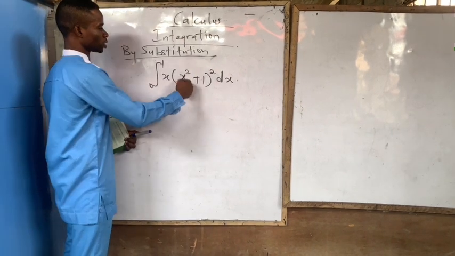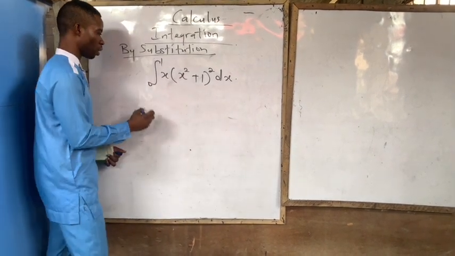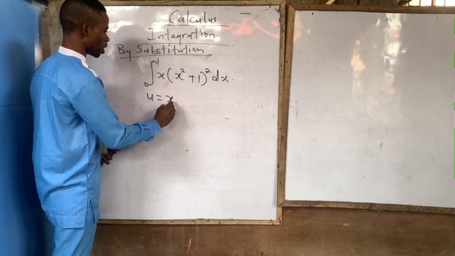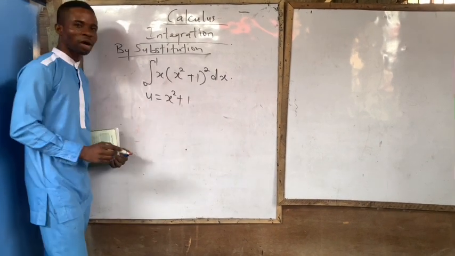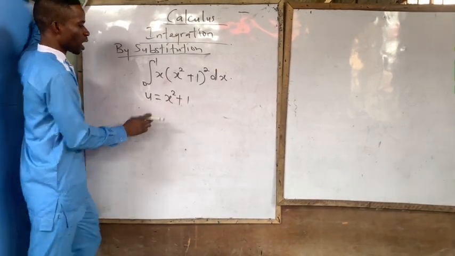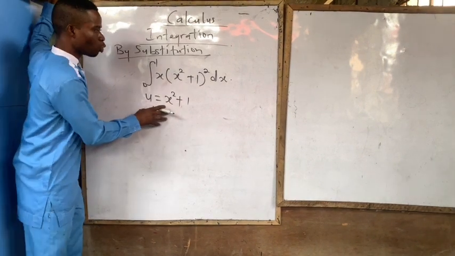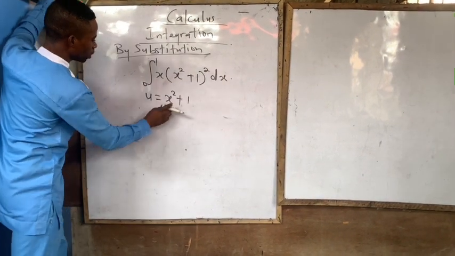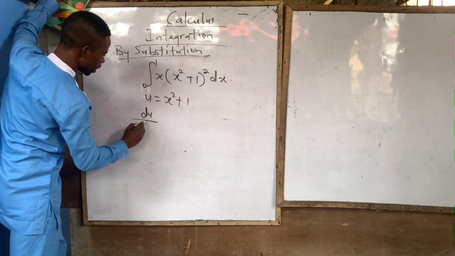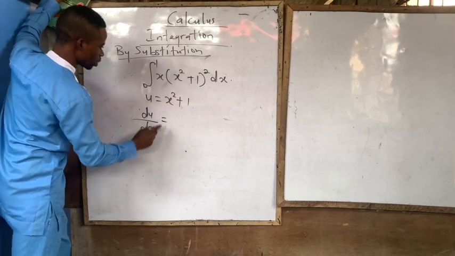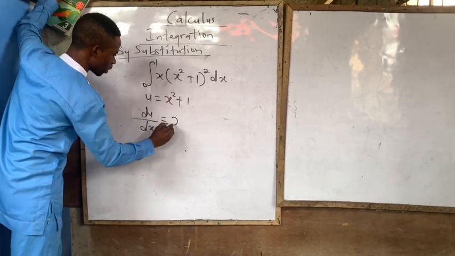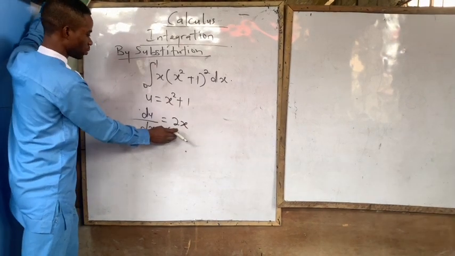Whatever you see in the bracket, we represent it with u equals x squared plus 1. After that, you find du/dx. And why are we doing this? You want to find dx. Our du/dx equals, what's the derivative of x squared? That is 2x, and the 1 gives 0.